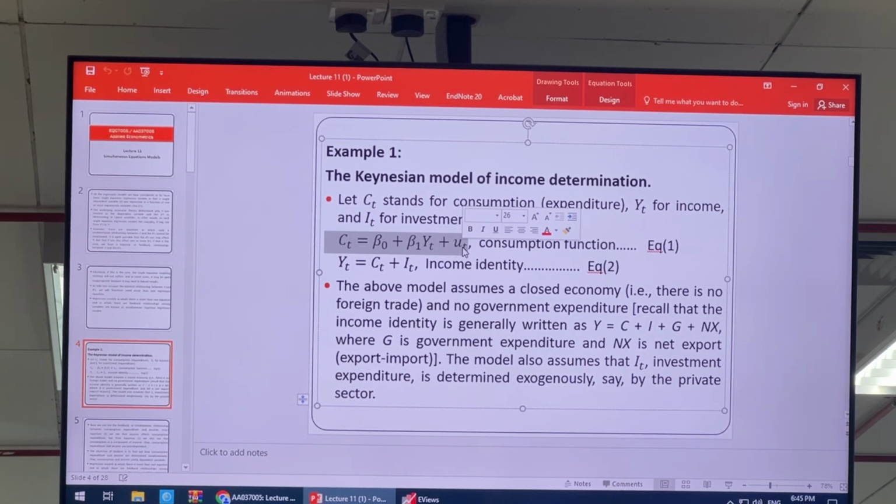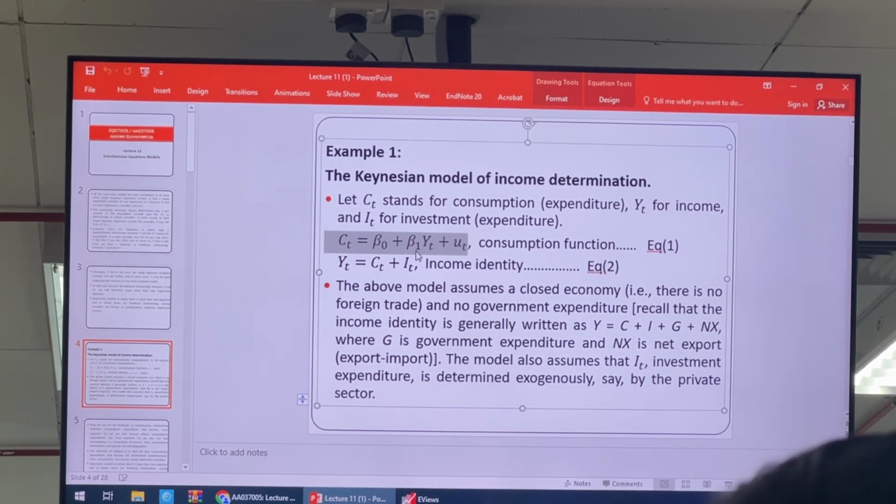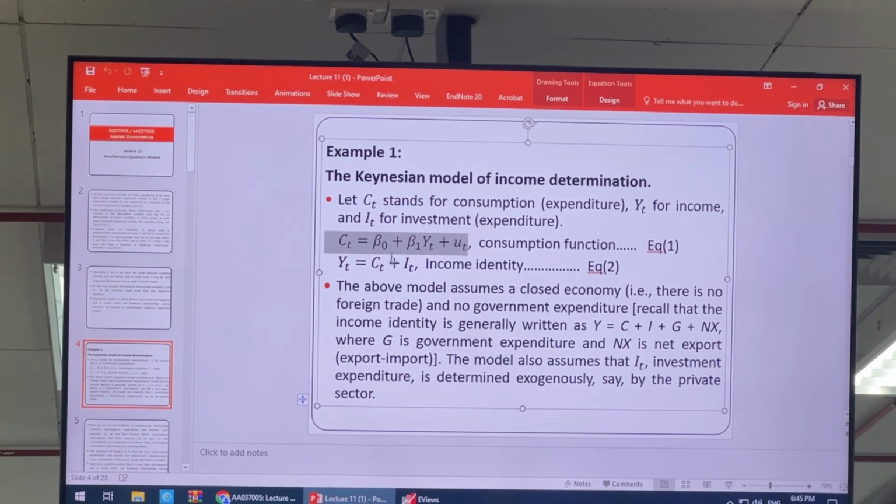If we can get a unique estimate of the parameters in this equation, we call it an exactly identified equation. If it is impossible to get an estimate, it is under-identified. But if we can get an estimate, but there is more than one possible value for each parameter, we call it an over-identified equation.